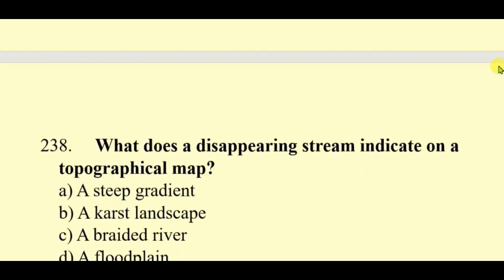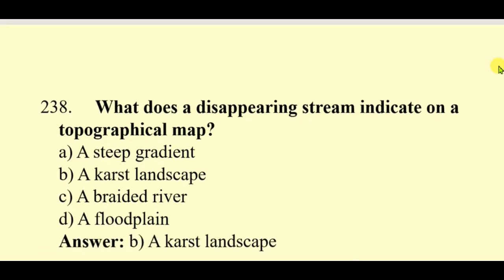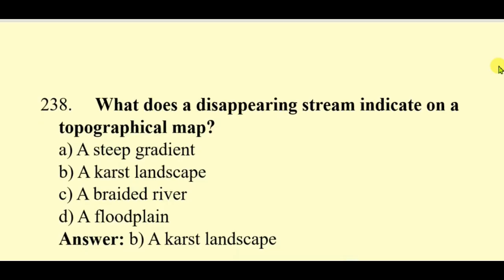Question 238. What does a disappearing stream indicate on a topographical map?